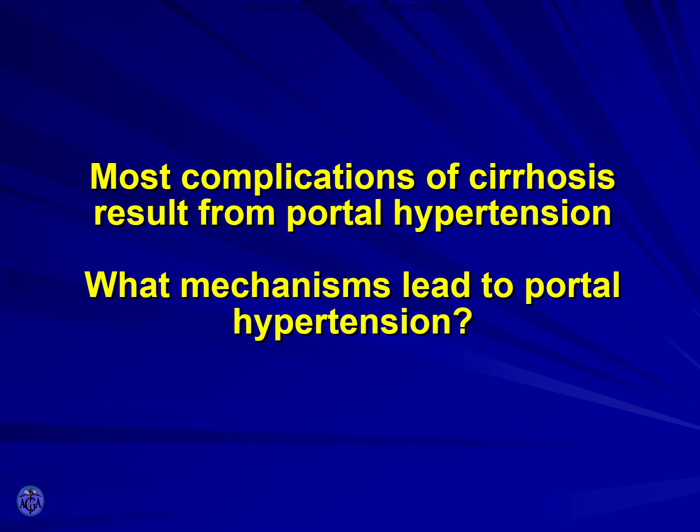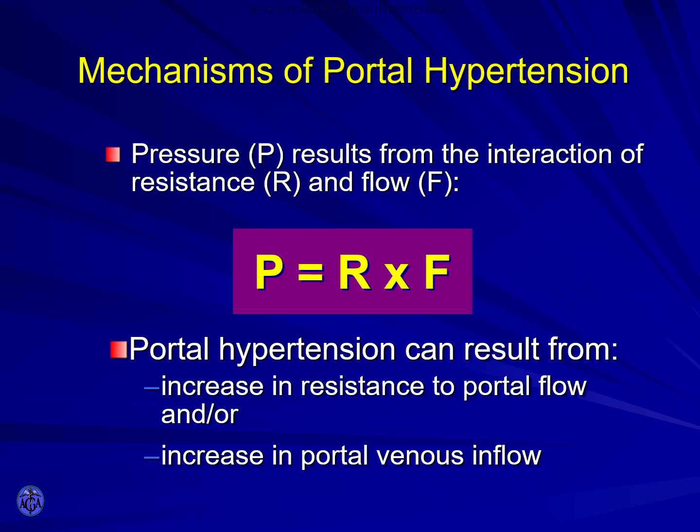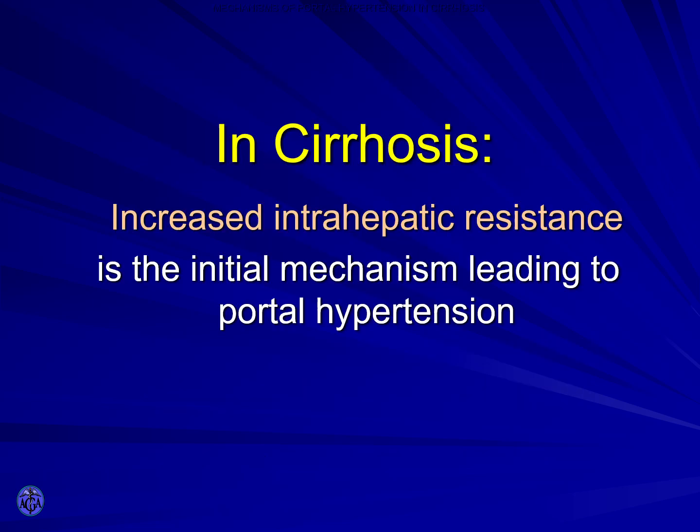So most complications of cirrhosis will result from portal hypertension. To further elaborate on portal hypertension, we need to talk a little bit about the mechanisms that lead to portal hypertension. Pressure within a vessel results from interaction of resistance and flow. So pressure equals resistance multiplied by flow. Portal hypertension can result from increase in resistance to portal flow and or increase in portal venous inflow.